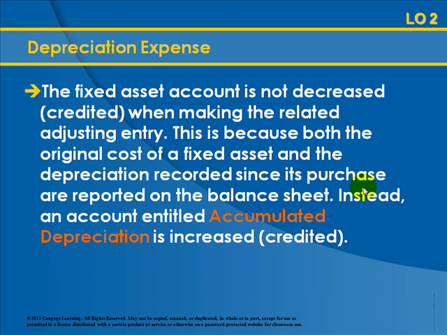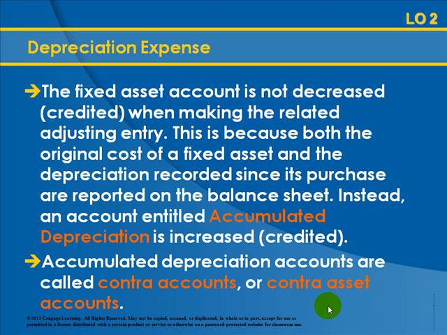Instead, we will credit the account accumulated depreciation when doing the adjusting entry. So let me clear this up a little. We will not go back to the original asset and affect that account. Once we record the fixed asset, we leave that account alone. When we record the depreciation, we will use depreciation expense and accumulated depreciation, but we will not go back to the original fixed asset.